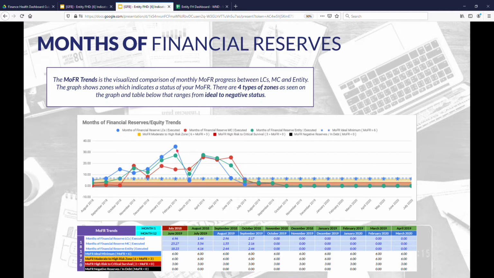If the result goes over the blue broken line, that means you are good with your financial state. If it is below the blue line and within different zones, your status can be checked on these results: ideal, minimum, moderate to high risk, critical, and negative.